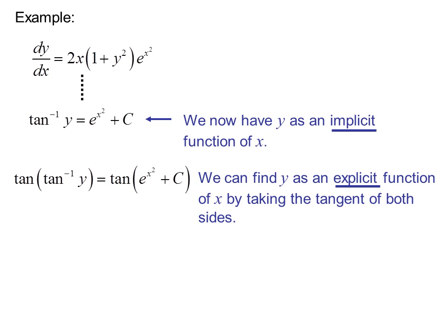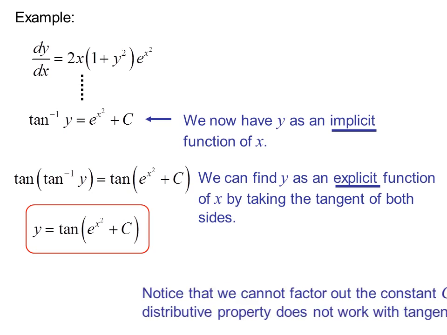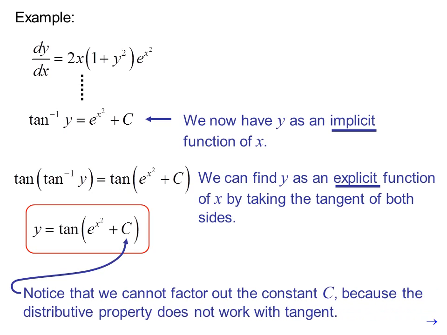Tangent and inverse tangent cancel each other out, and we get y equals the tangent of the quantity e to the x squared plus c. Notice that we cannot factor out the constant c because the distributive property does not work with tangent.